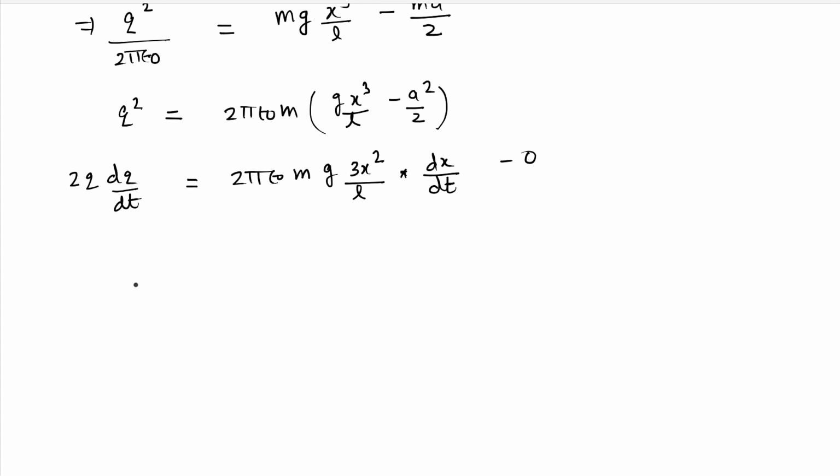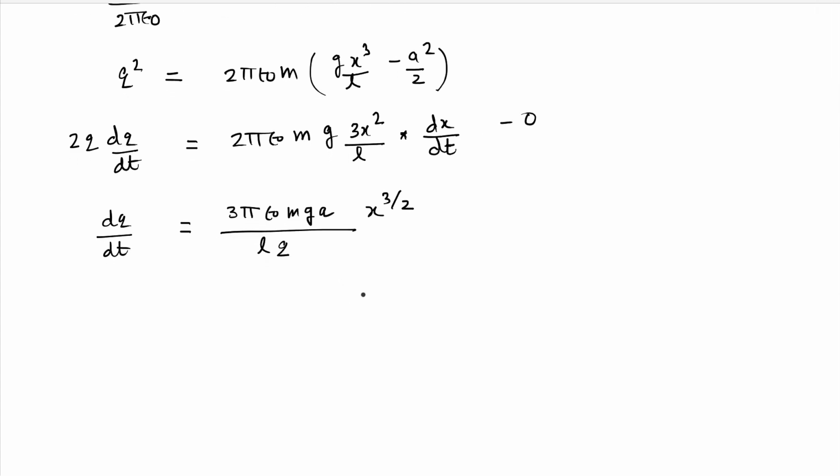So now we have dq by dt equal to 3 pi epsilon naught mg by l times x to the power 3 by 2, and we should also write a. This is the expression for dq by dt.